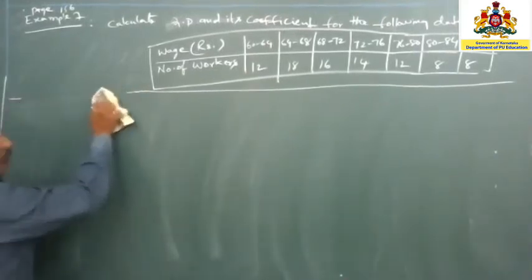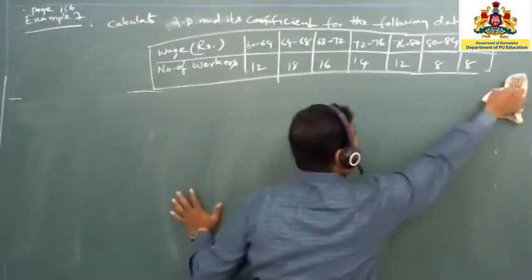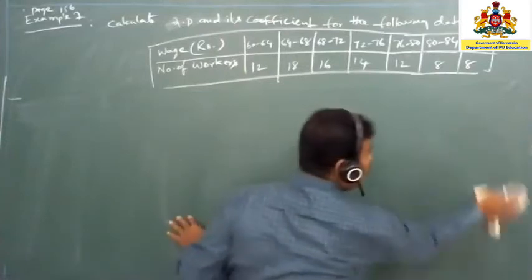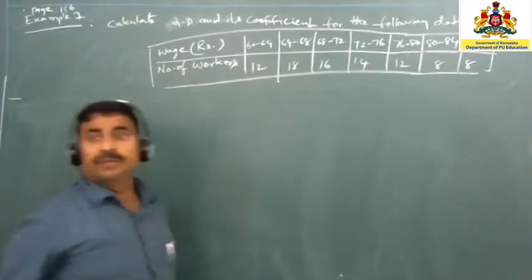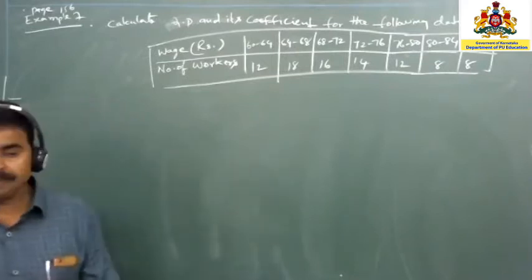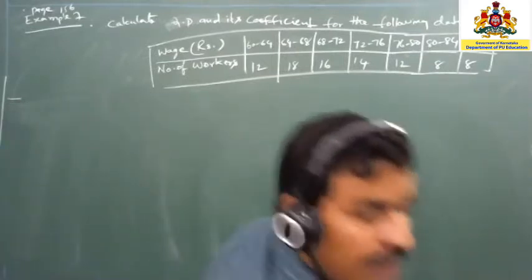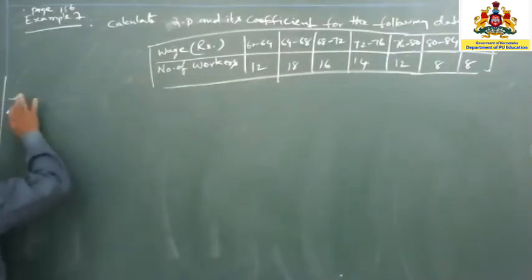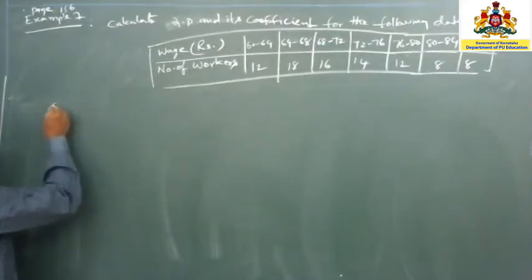Already you know how to find quartiles, partition values, for a continuous frequency distribution. For that, first, solution.